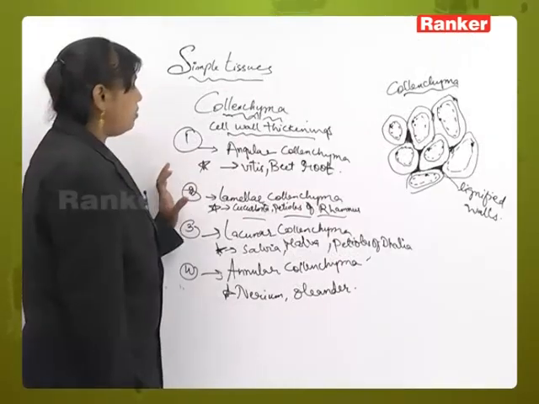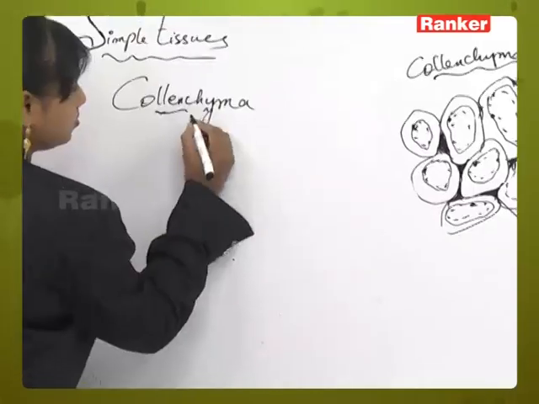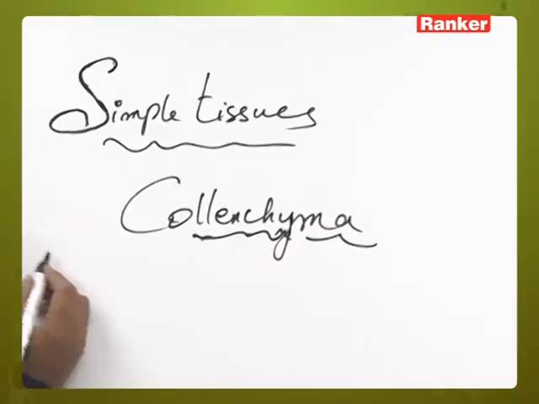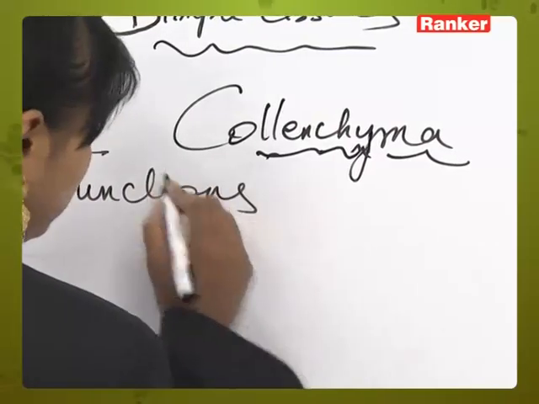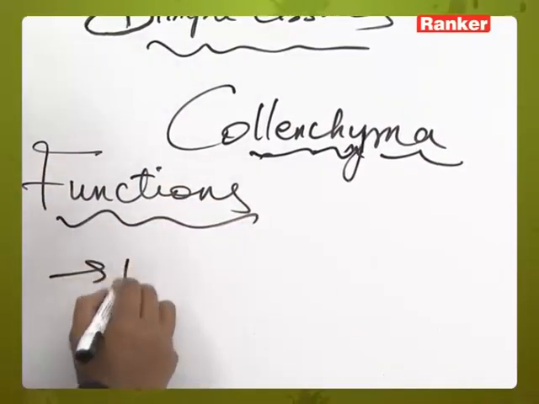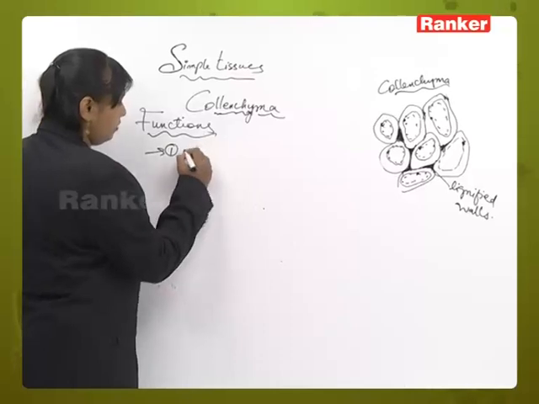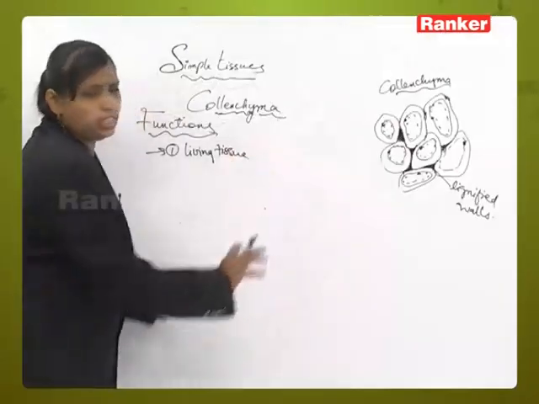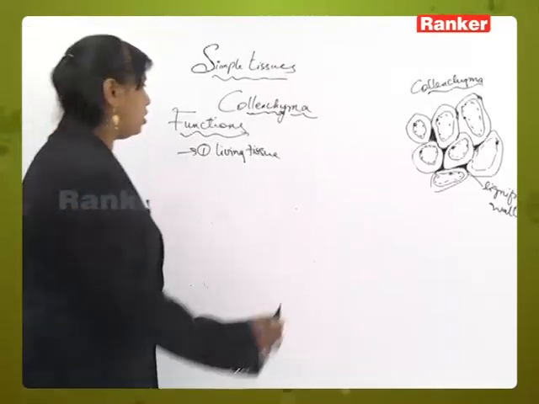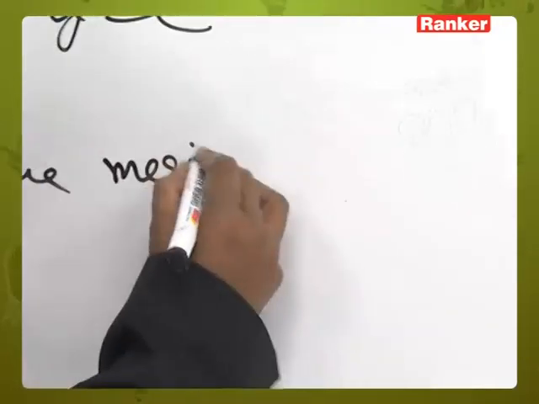Okay. Now, next we will come to the functions of Collenchyma. First one will be, as we said earlier, it is one of the living tissues. As it is a living tissue, it will regain the capacity of meristematic activity.